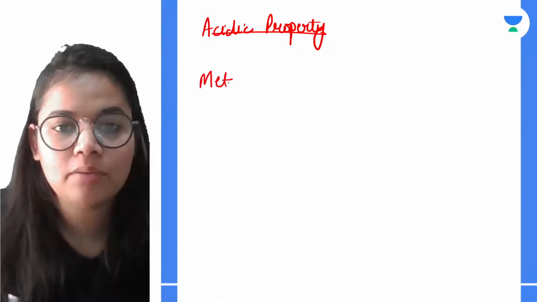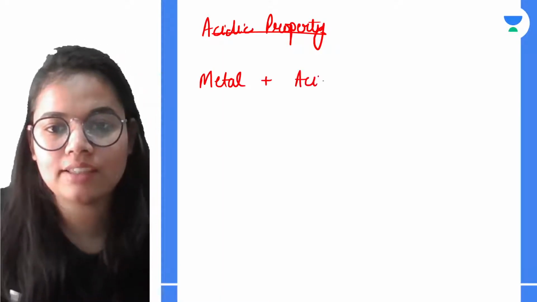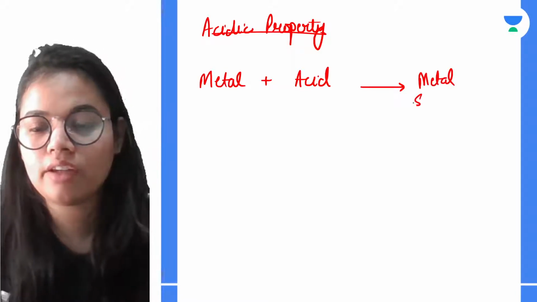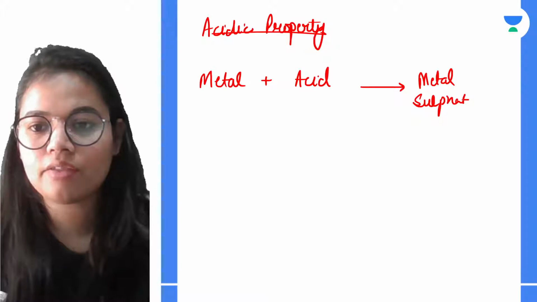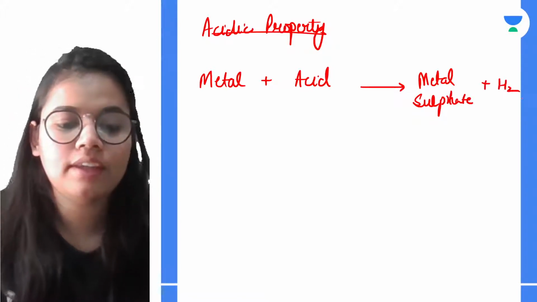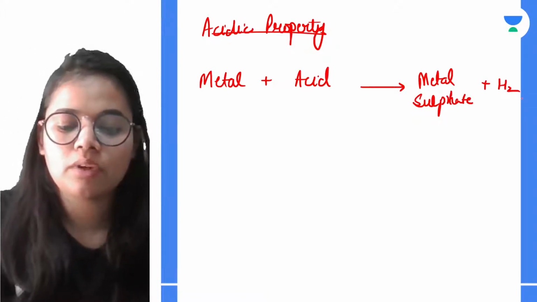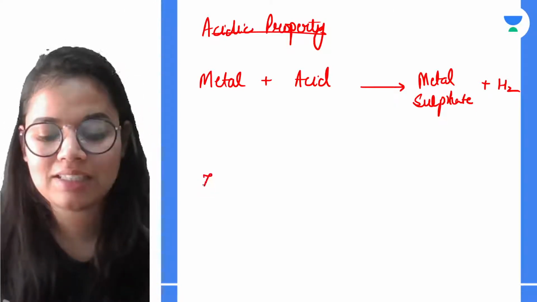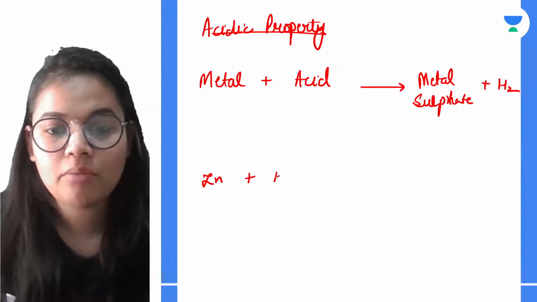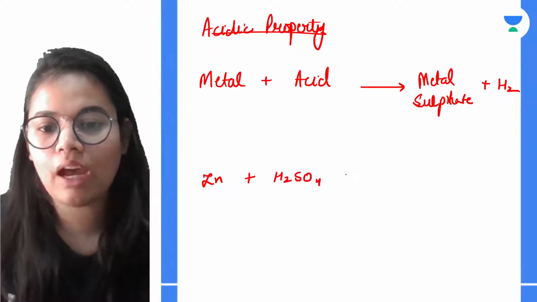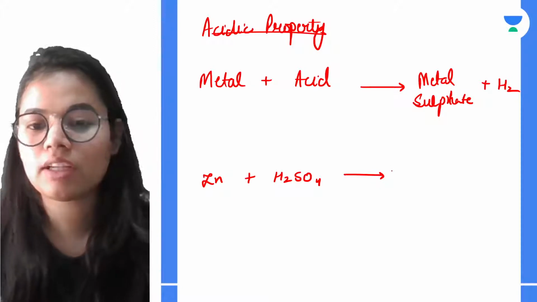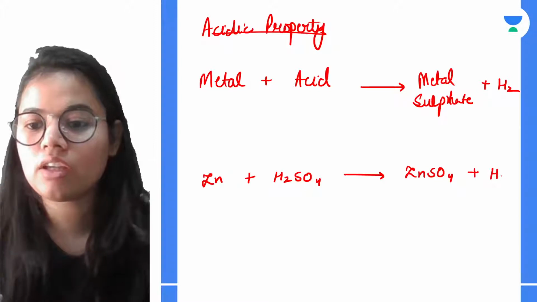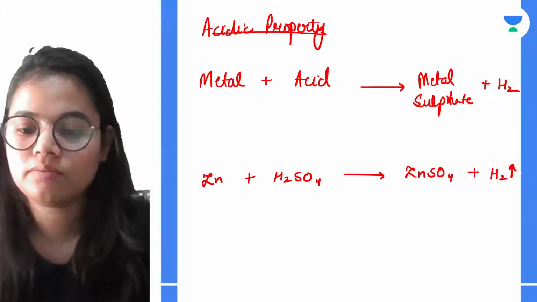If any metal reacts with acid, it will give us the metal sulfate, and it will give out hydrogen gas. For example, let's say I have taken zinc, and when I make it react with sulfuric acid, I will be getting metal sulfate, ZnSO4, and it will be giving out hydrogen gas.